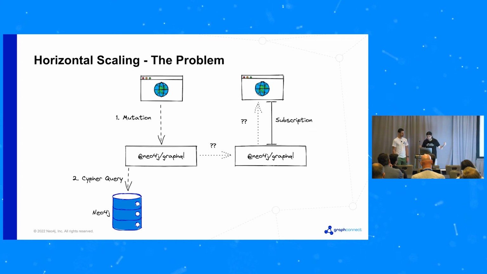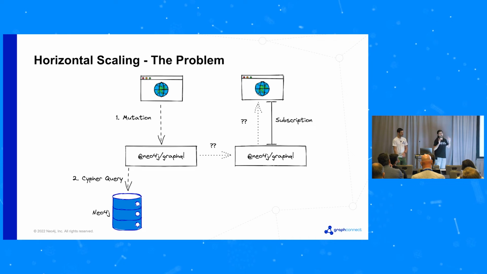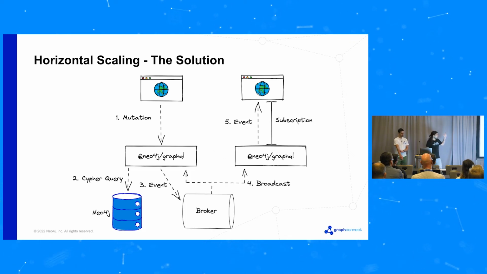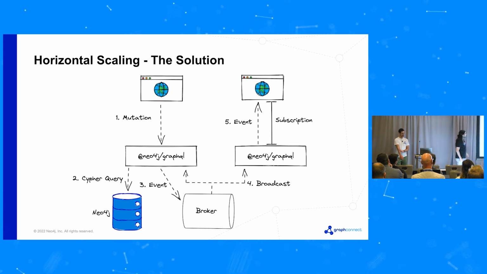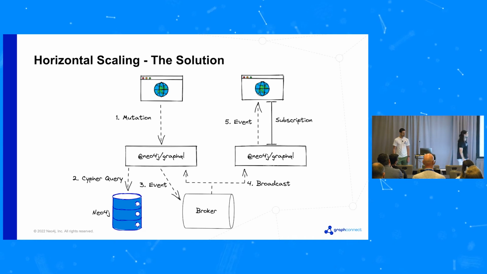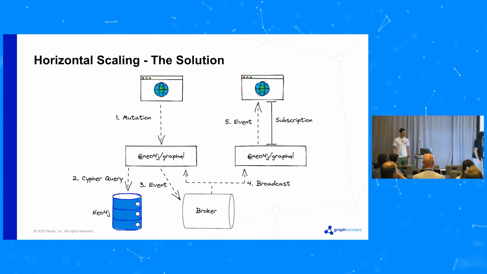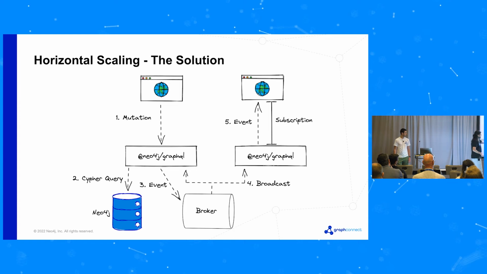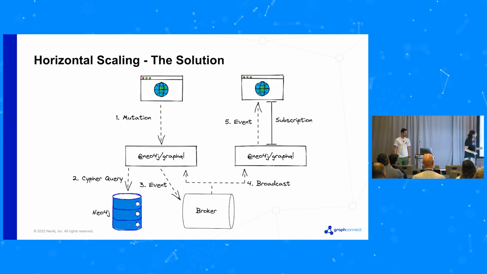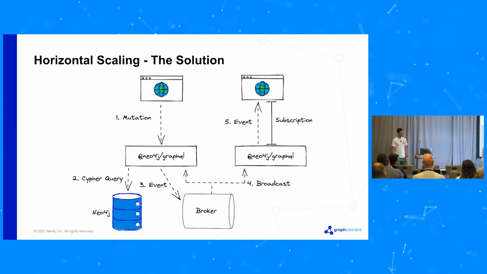One of the most common ways of solving this problem, it's not the only one, but one of the most elegant in my opinion, is through a third-party broker. So the diagram is now a little bit more complex, but I think most of you can easily follow. The mutation happens with a query, just like before. However, now the library, instead of just sending the events of the subscription, will take that metadata and send it to a third-party broker.